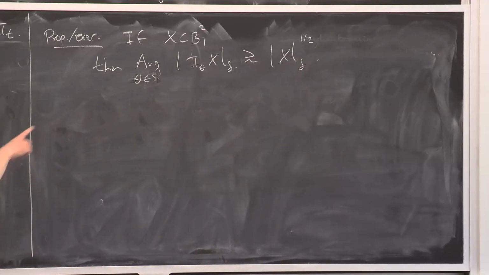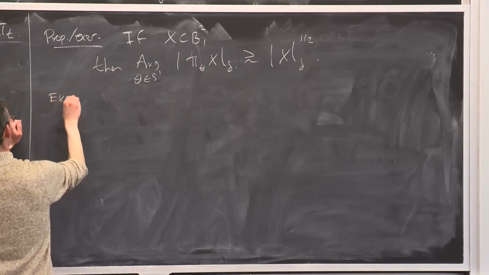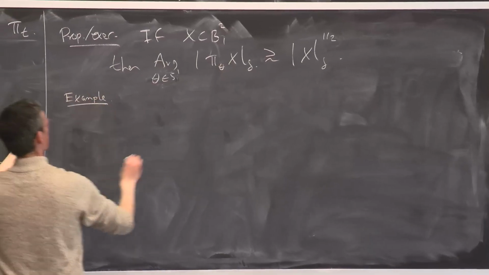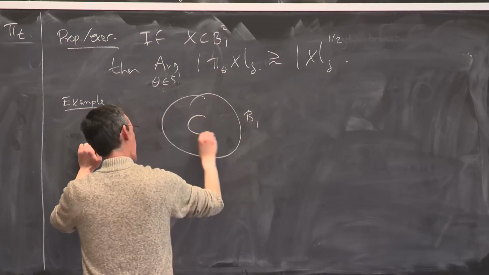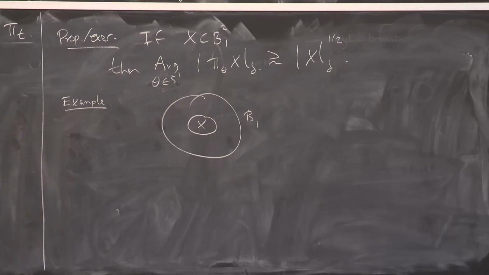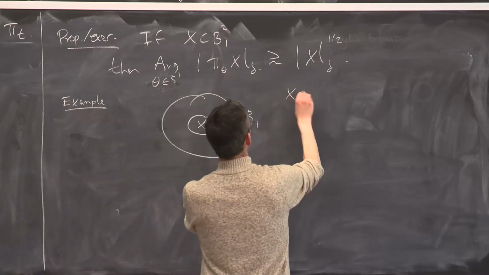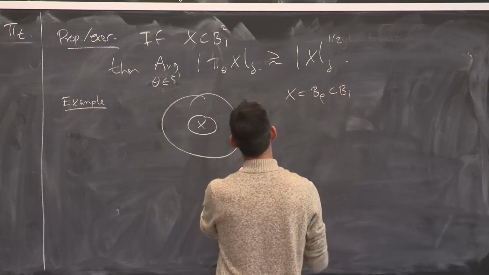Here's an example that shows where the x delta to the 1/2 comes from. So here's the unit ball. And then inside of it, I take a smaller ball, and I call that x. So x is the ball of some small radius rho inside of the ball of radius 1.